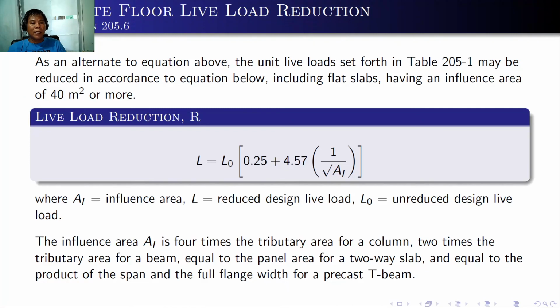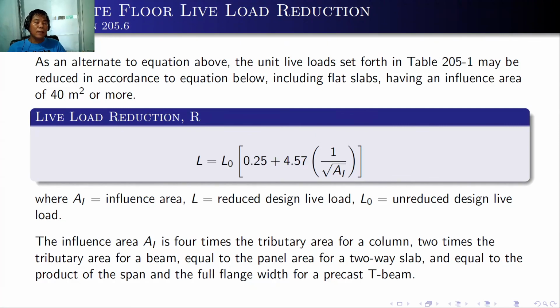As an alternative floor live load reduction, you can use this equation. L is equal to L sub O times (0.25 plus 4.57 times 1 over the square root of A sub I). A sub I is defined as the influence area.